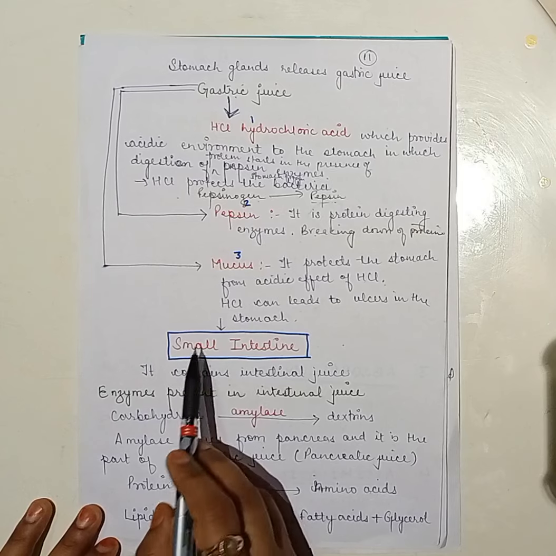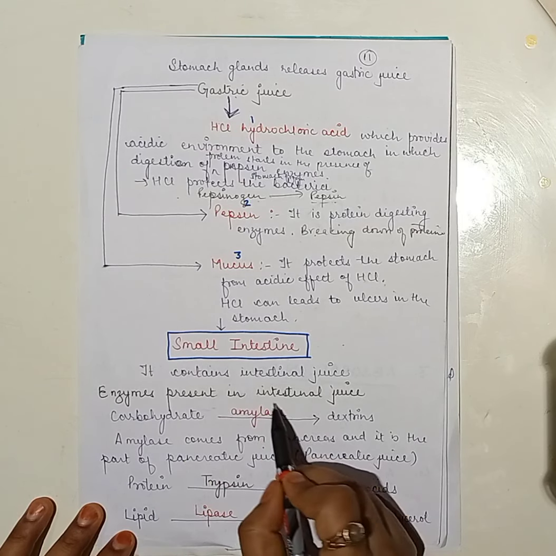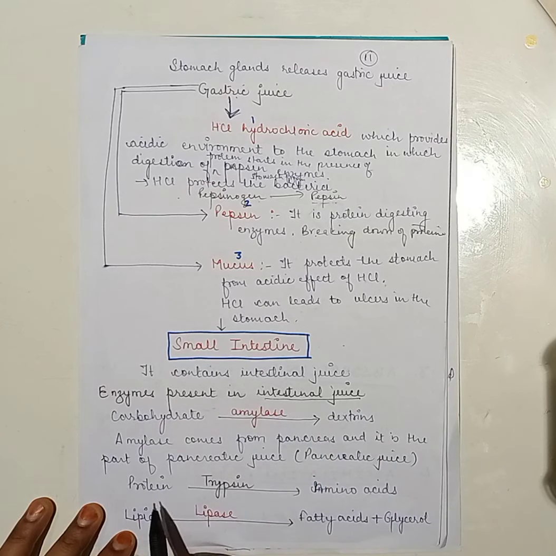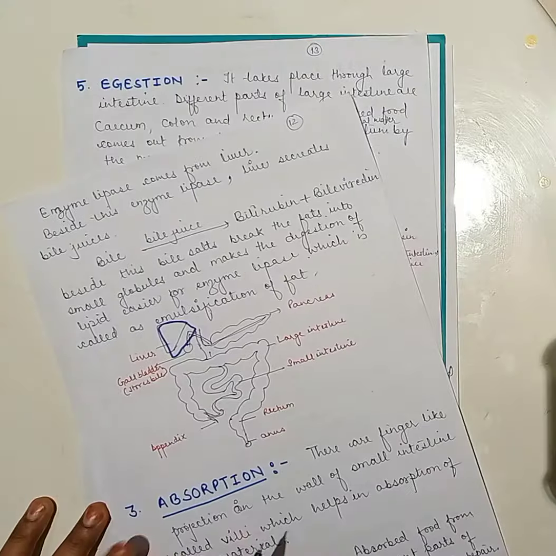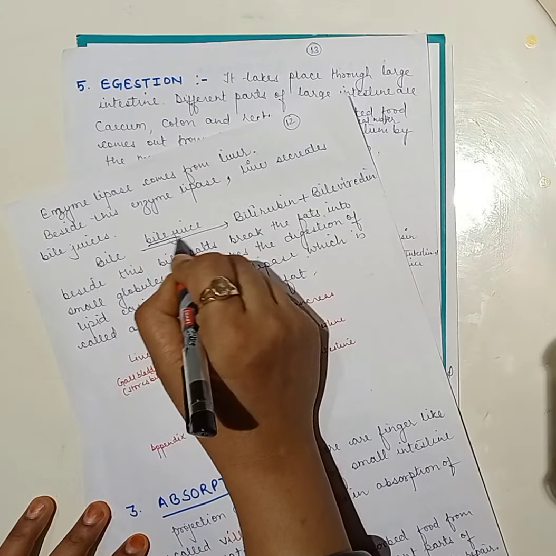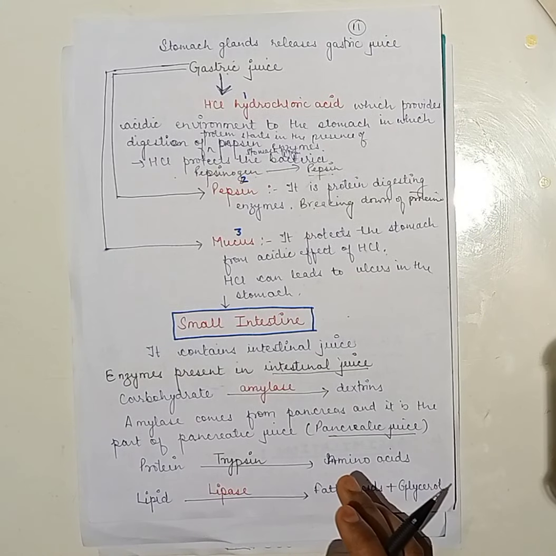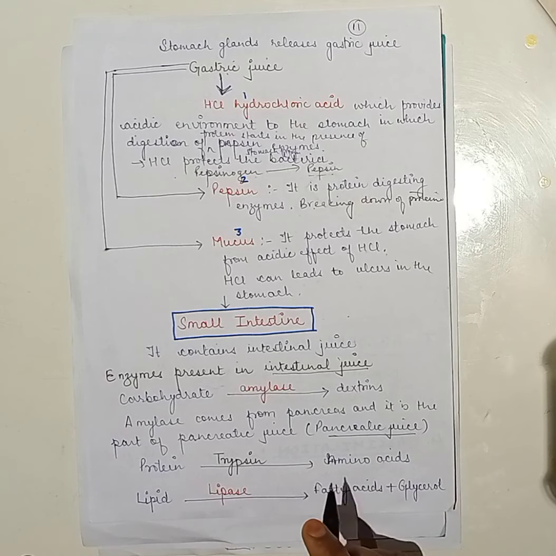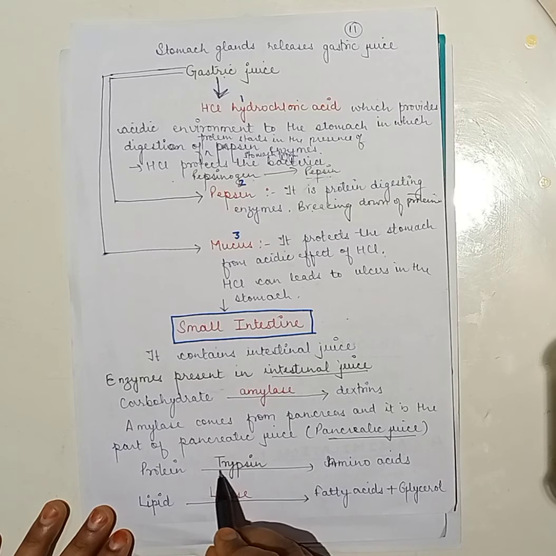In the small intestine, three juices are present. First is intestinal juice, second is called pancreatic juice, and third is bile juice. This pancreatic juice has an enzyme called trypsin.